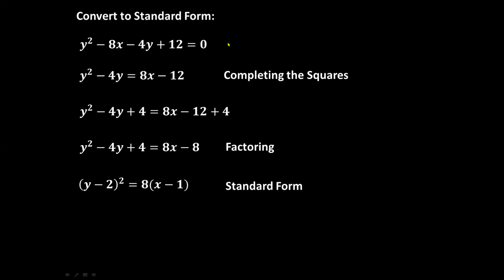Pero may ibang paraan. Kunwari nasa general form ka, hanapin mo yung vertex ng parabola. Kahit na hindi ka dumaan ng standard form, actually, meron akong ibibigay na diskarte sa inyo. Now, ito yung susunod.